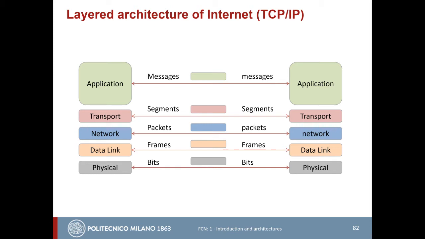And here you have the so-called IP protocol. It is very important, so this is why it appears in the name of the whole architecture. And also in the transport layer you have the TCP protocol. This is why TCP.